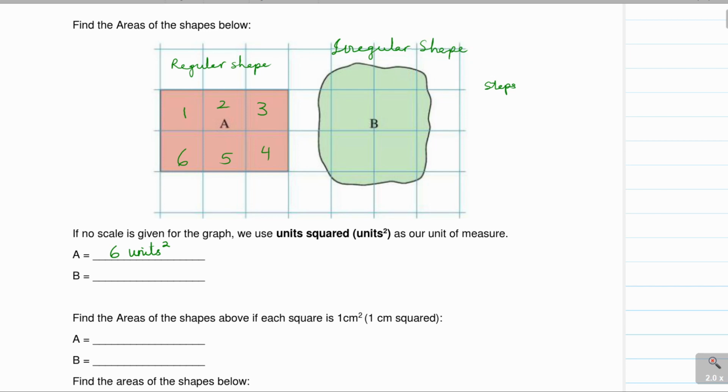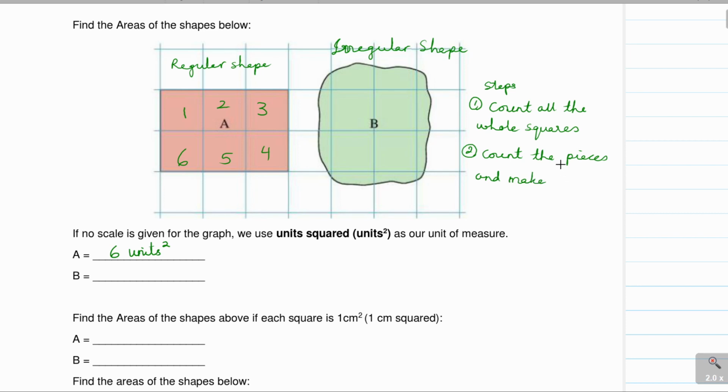Okay, that's an R. So your steps will be: 1, we would count all the whole squares. And then 2, count the pieces and make wholes.